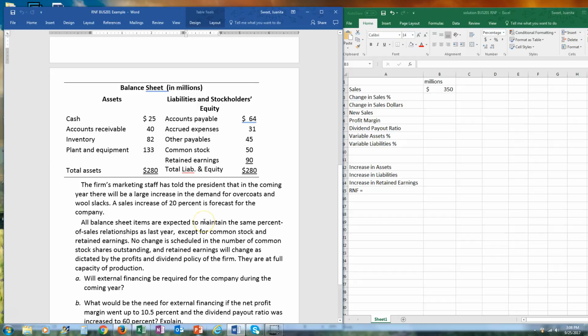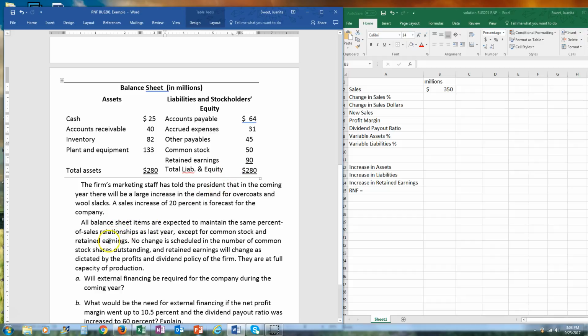All the balance sheet items are expected to change with the increase in sales, except common stock. They are not planning on selling any additional stock, and the change in retained earnings is only going to be due to the profits you keep after paying dividends.